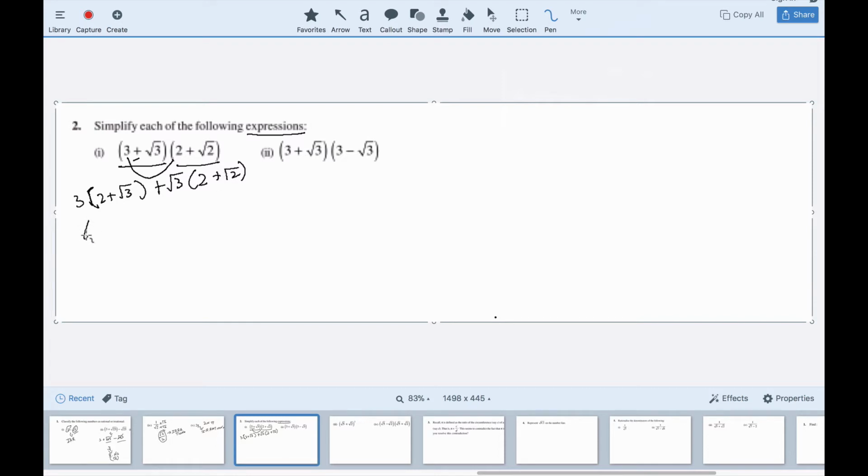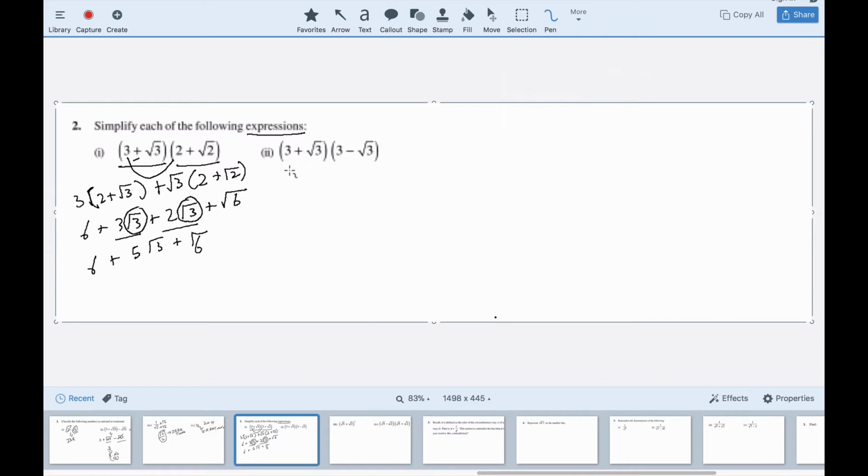Then I will get 6 plus 3 root 3 plus 2 root 3 plus root 3 into root 2, which will give me root 6. This can be added because root 3 and root 3 here will act as variables. So I will get 6 plus 5 root 3 plus root 6.